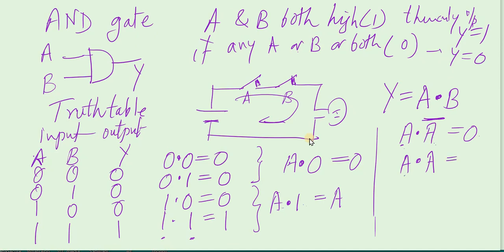If A is 0, both are 0, so the output is 0. If A is 1, both are 1, so the output will be 1. So whatever A is, the output is A. So for an AND gate, if you connect both the terminals together, then it just acts as a buffer, that is, the output is the same as the input. So Y is equal to A in this case.